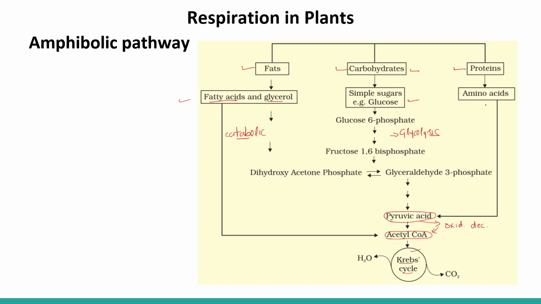Similarly, proteins are broken down into amino acids. Amino acids are converted into pyruvic acid and then acetyl coenzyme A, and then acetyl coenzyme A will enter the Krebs cycle. So all these are catabolic processes.